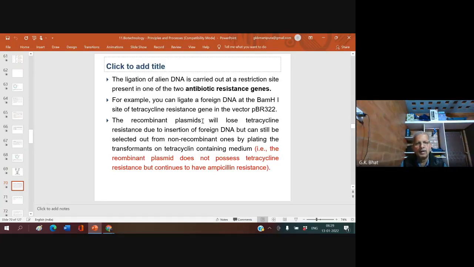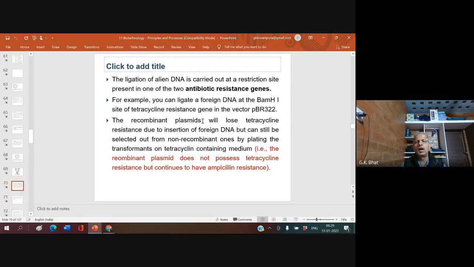That is, the recombinant plasmid does not possess tetracycline resistance, but continues to have ampicillin resistance. Are you understanding this point? Please read this and try to understand.